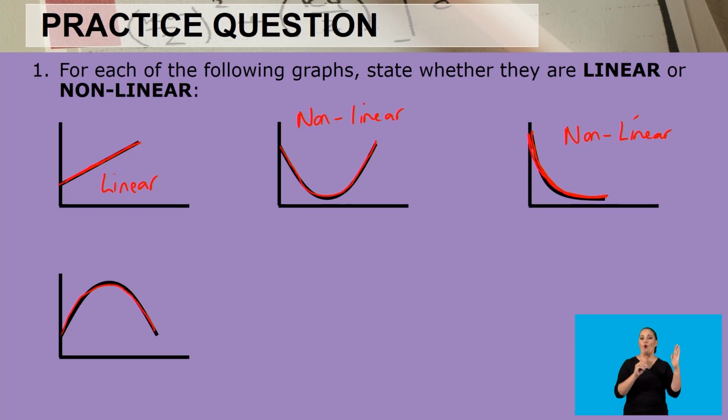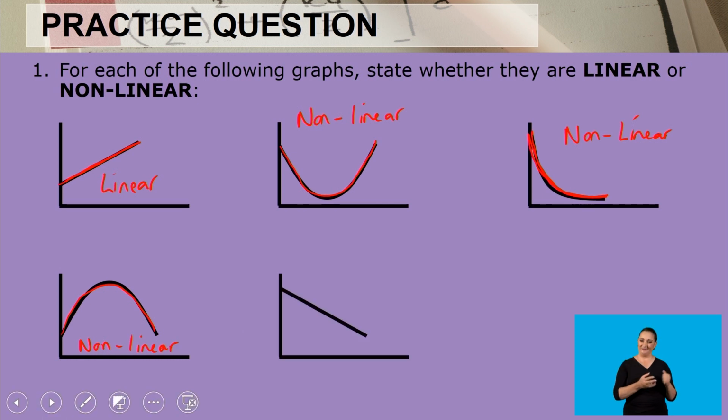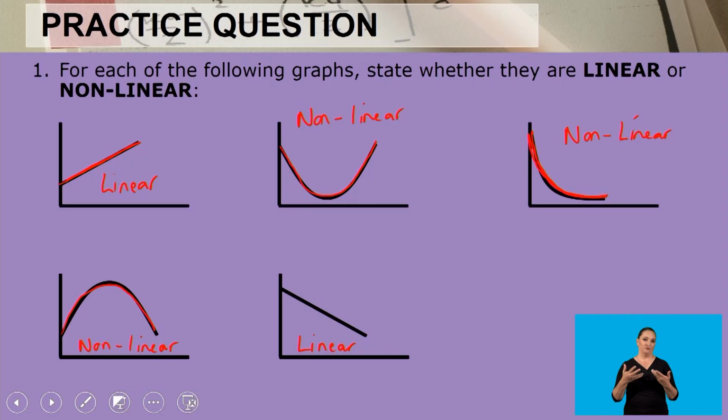We can see that it is not straight, which means that it is a non-linear graph. It is curved. And what about the next graph that we have been given? Is it linear or is it non-linear? Yes, you are correct. It is a linear graph. And why is it a linear graph? Because it is a straight graph. And that is our linear and non-linear graphs.